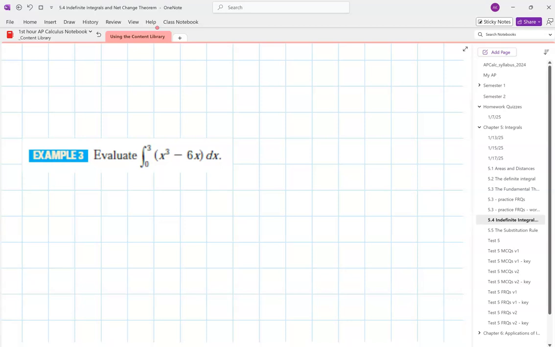Next one, it says evaluate the integral from 0 to 3 of x cubed minus 6x. What do you notice here? Yeah, this is a definite integral, right? Because it has the bounds on it. But really, I approach this the same way. I'm going to go ahead and start by using my properties of integrals to kind of distribute things through.